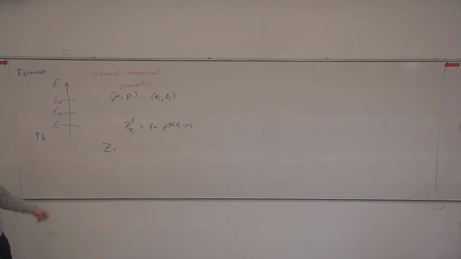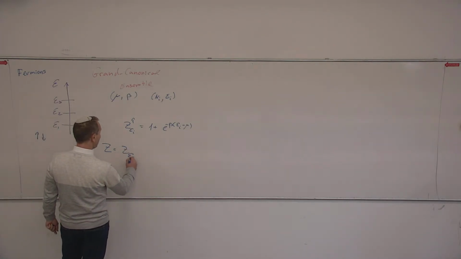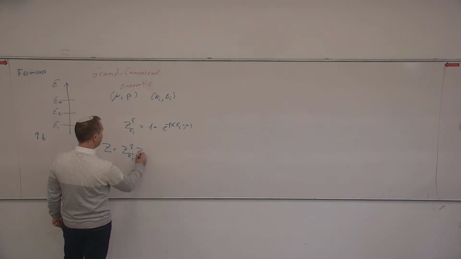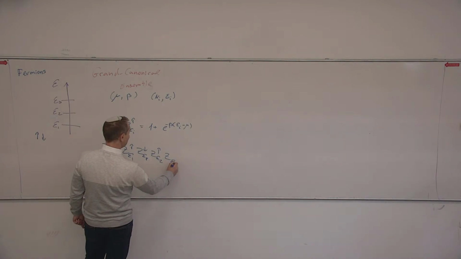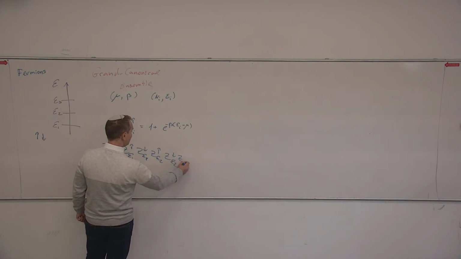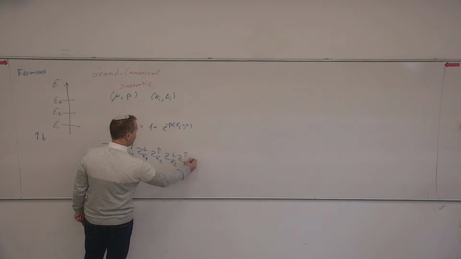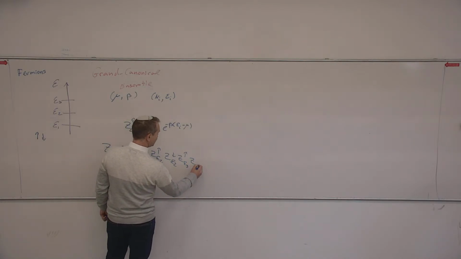the grand canonical partition function Z was z epsilon 1 up, z epsilon 1 down, z epsilon 2 up, z epsilon 2 down, z epsilon 3 up, z epsilon 3 down.